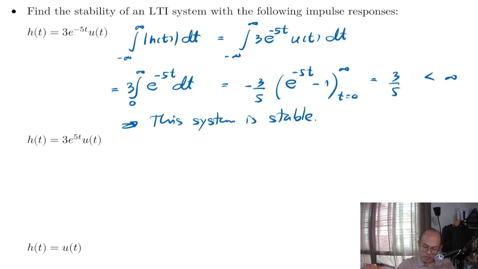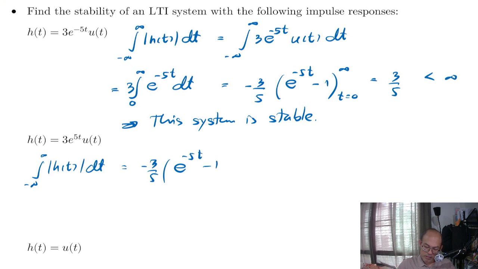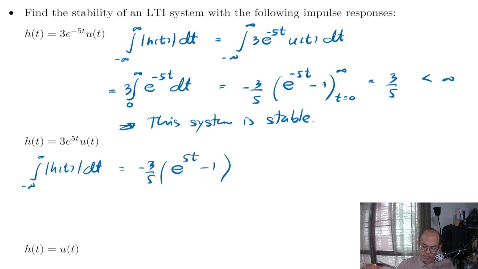Now, another one where the negative sign here is dropped. So, this integration is going to be minus 3 over 5 times (e to the 5t minus 1), where t goes from 0 to infinity.